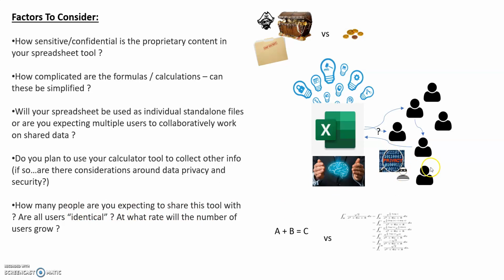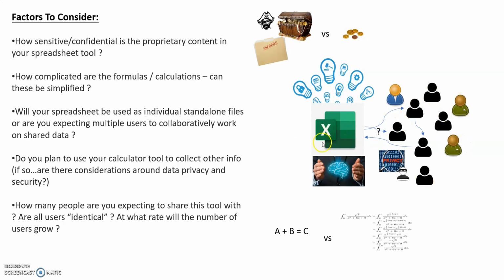Are the users identical and anonymous? Meaning, do you need to have an ability for users to remember their inputs if you're using a web app? I guess it's not so much an issue if it's a spreadsheet, but there are things that you need to consider as well, where maybe you have different flavors of the same spreadsheet, because the users may have different groups.